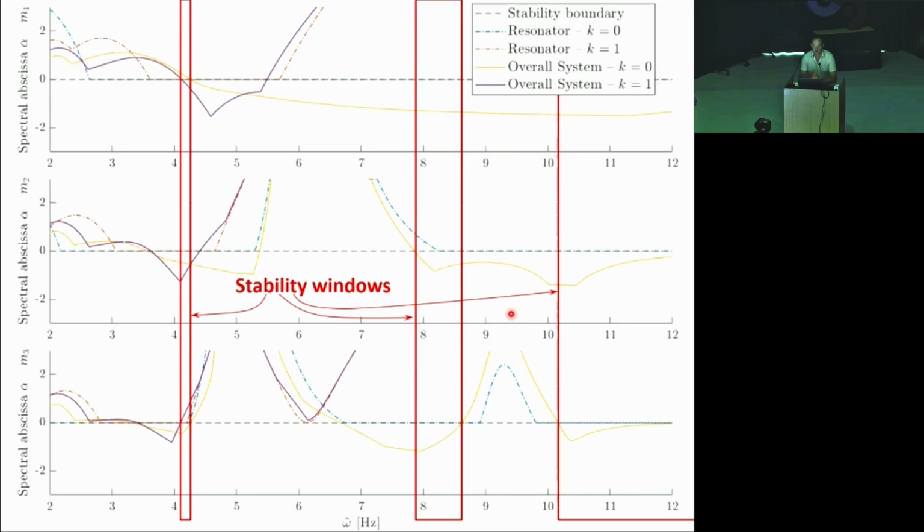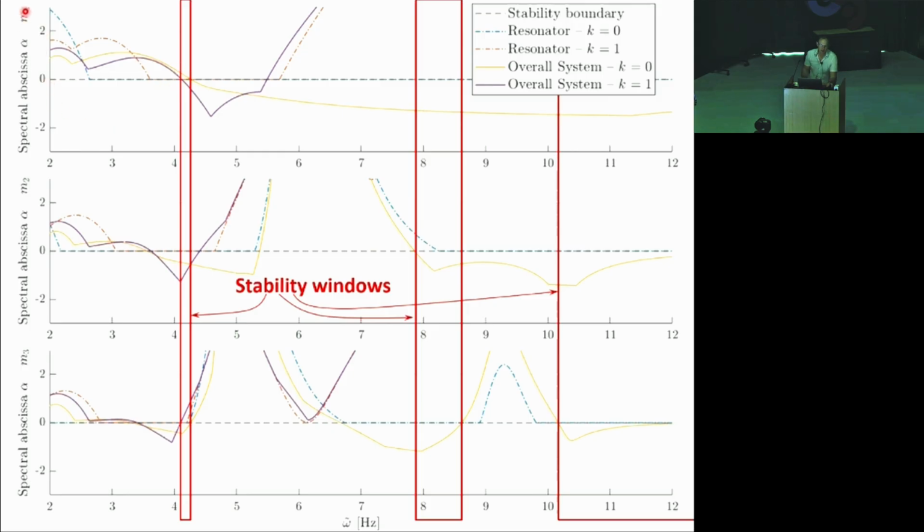And actually, if you look at the stability picture, we want to have the resonator substructure stable, and also the overall system stable. And we want to have them for the frequency in all the cases.